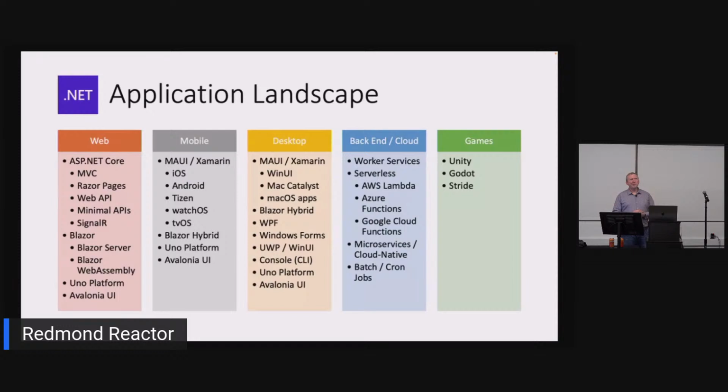Now I don't work on those teams, but my understanding is that UWP is basically WinUI 2, and the modern space is WinUI 3. I got a head nodding from the audience, so thank you. And WinUI 3 is the MAUI target for Windows. So if you write for MAUI and you deploy as a native Windows application, like in the App Store, it is running WinUI 3. So it is part of this ecosystem also.